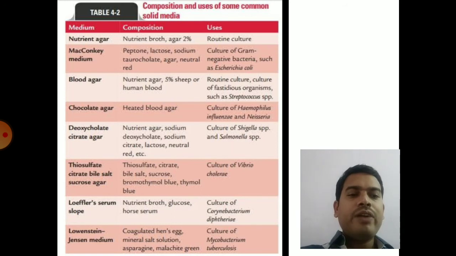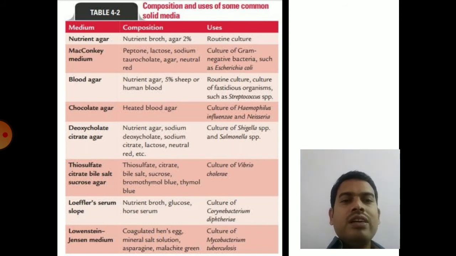And after performing biochemical tests, you can grow the bacterial species. Bacterial species also require some special types of media, and those species will grow on those special media only. For example, you can see a common type of medium, nutrient agar medium.